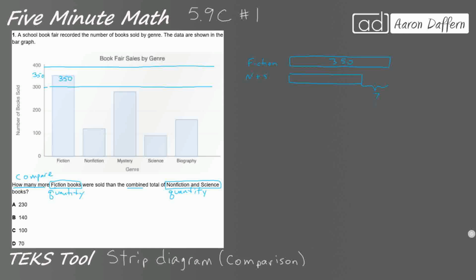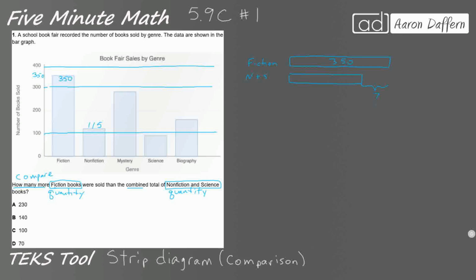All right, so my nonfiction, here's my 100 line. It looks like it's going to be a little bit above, so maybe 110, a bit more than 110, maybe 115. That's all right. We'll get close and we'll see which answer is closest. On problems like this, sometimes you just have to make your best estimate based on the spacing in here.